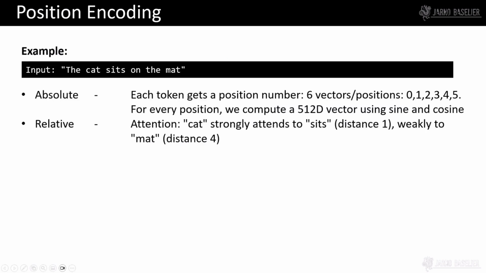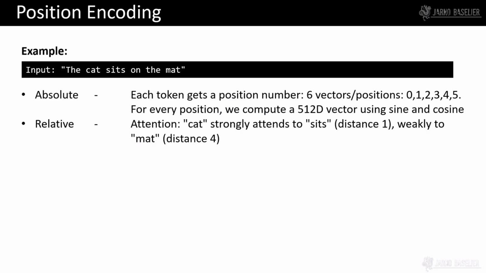As an example, here we have again the cat sits on the mat. If you take a look at absolute, then each token gets a position number, 6 words will get 6 positions, 0 to 5. And for each position, we compute a 512D vector using a sine and cosine.